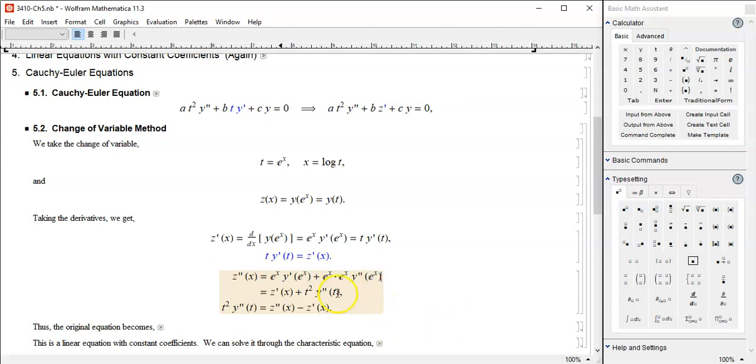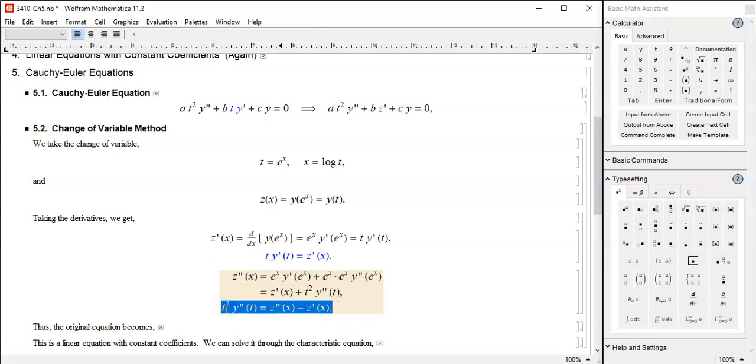So if you simplify, what do you get? e to the x times y prime of e to the x, that's the same as z prime. And how about this? e to the x times another e to the x, that's t squared times y double prime. That's what we got. Let's solve for this quantity, t squared y double prime. All you have to do is move z prime to the other side, and what do you get? t squared y double prime is z double prime minus z prime.